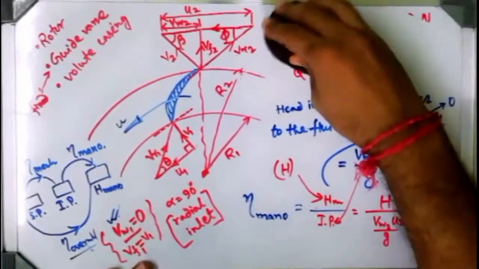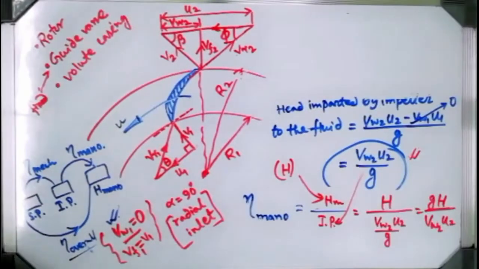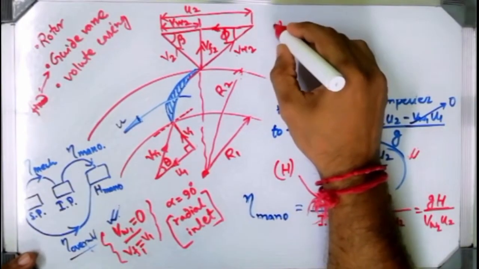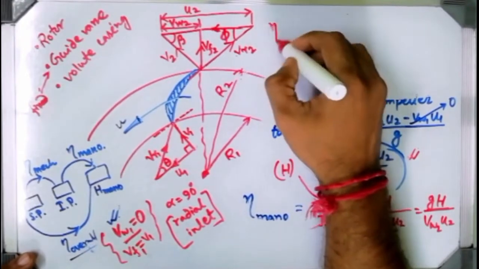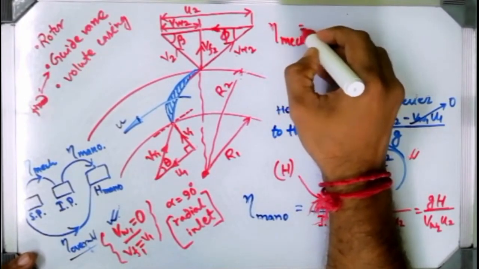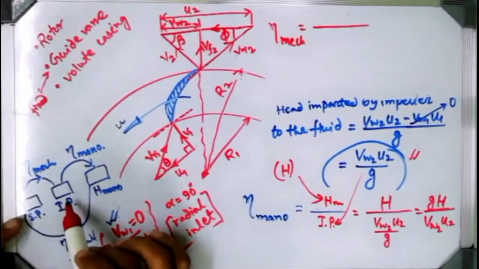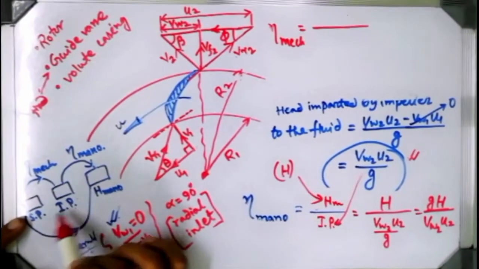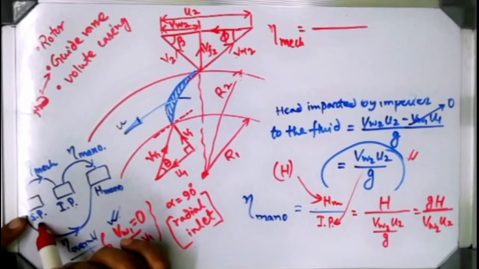Then if I find the overall efficiency, or rather, okay, first find the mechanical efficiency. Mechanical efficiency means the relation between this impeller power and shaft power. Impeller power will be the output and shaft power will be the input. What is this shaft power?